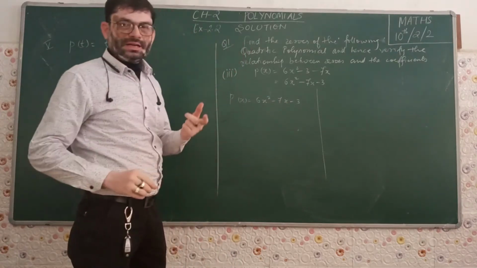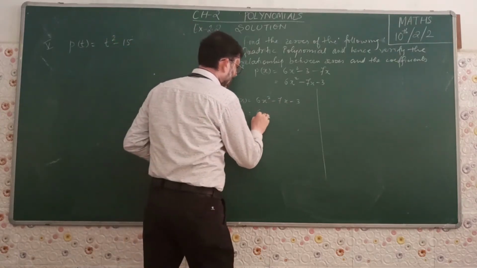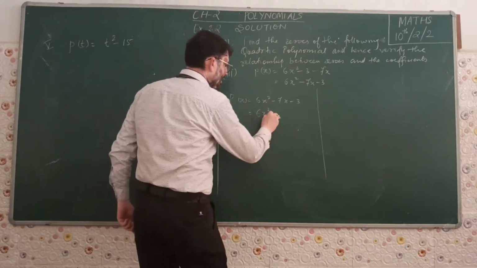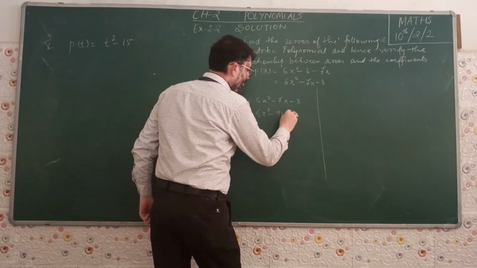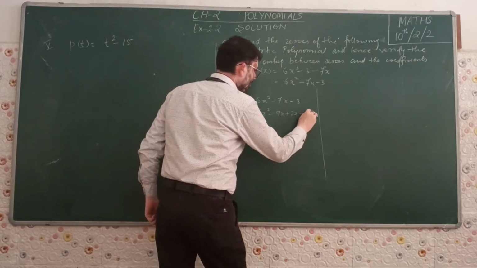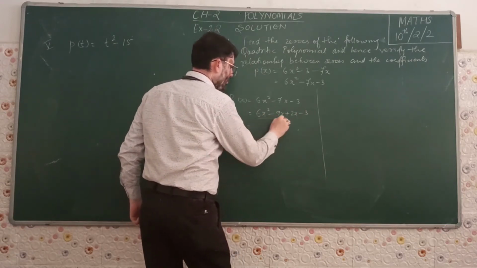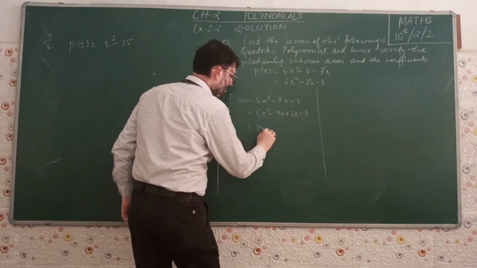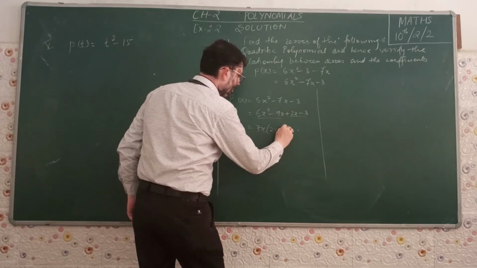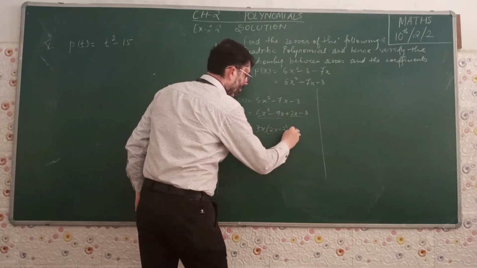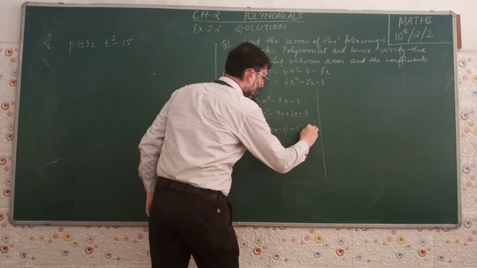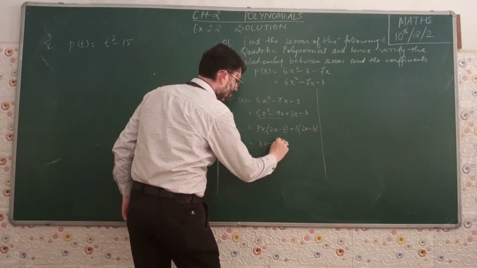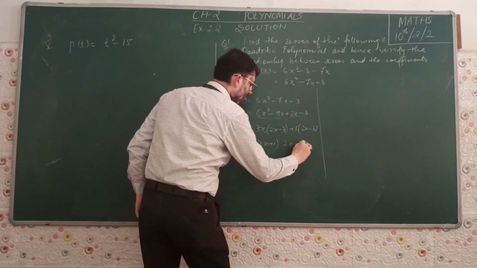By applying the splitting the middle term rule, this can be written as 6x squared minus 9x plus 2x minus 3. Taking 2 at a time, we can take 3x common, and this is 2x minus 3, plus 1, and this is 2x minus 3, and you will get the factors as 3x plus 1 and 2x minus 3.